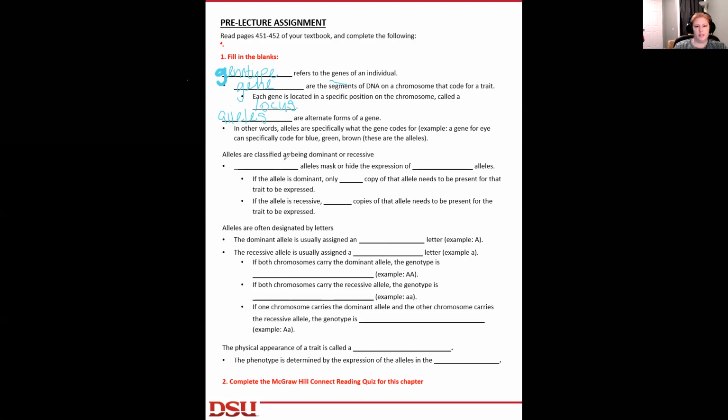Alleles are classified as being either dominant or recessive. So dominant alleles mask or hide the expression of recessive alleles. Okay. So if we had, let's go back and stop for a second. Remember that we have two copies, right, of each chromosome.